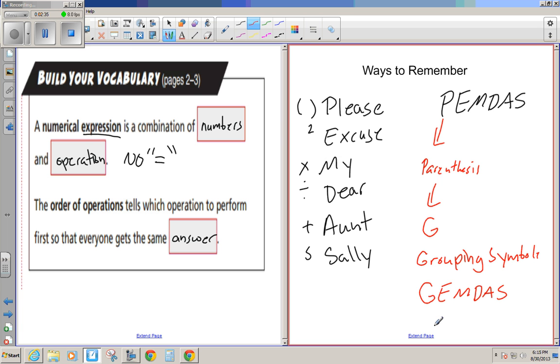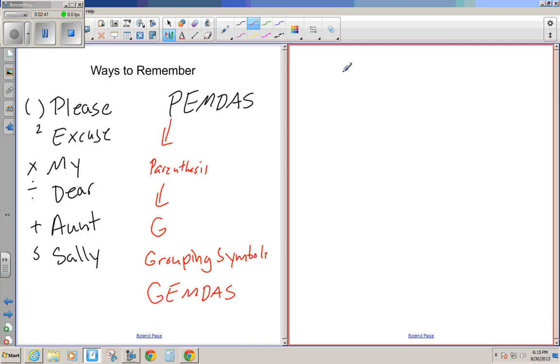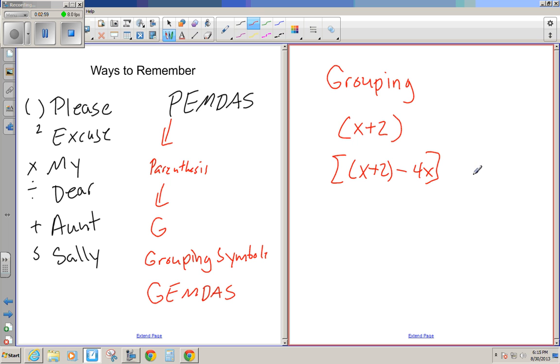And grouping symbols. Add a page here. Grouping symbols are things that group something together. Parentheses group x minus 2 together. You could use brackets and parentheses, so you could put your x plus 2 in there, and you could minus a 4x. Oh, I shouldn't be using x's.